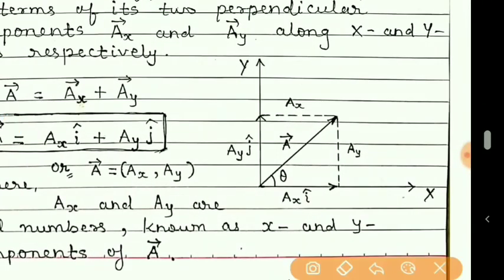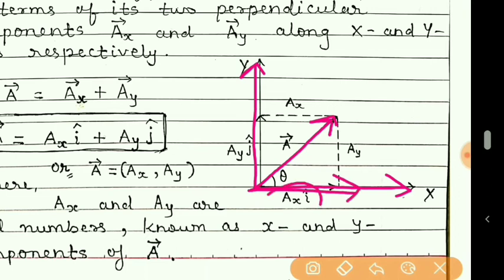So here this is vector A, this is x axis and this is y axis. Now the two components of this vector A can be taken, one along the x axis, which is ax i cap, and the other along the y axis, which is ay j cap.